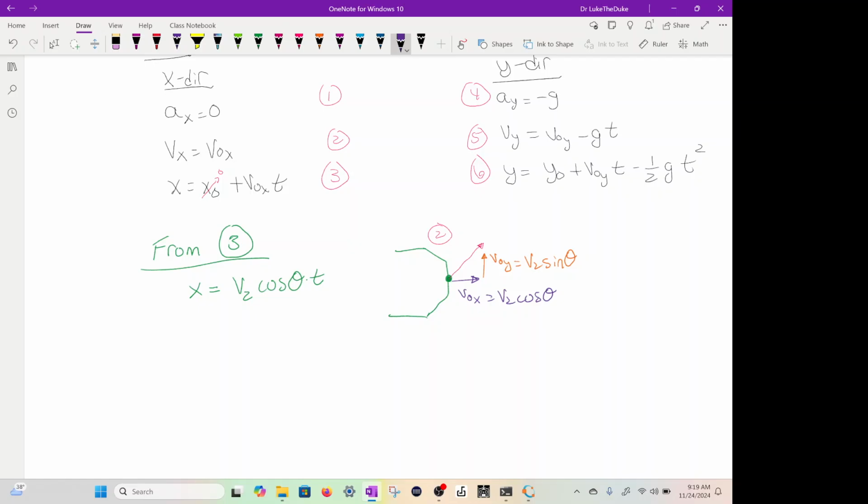Okay, so I'm putting the angles in to have a complete analysis. Now I'm going to solve for t and plug that into the y equation. So we get t equals x over v2 cosine theta.